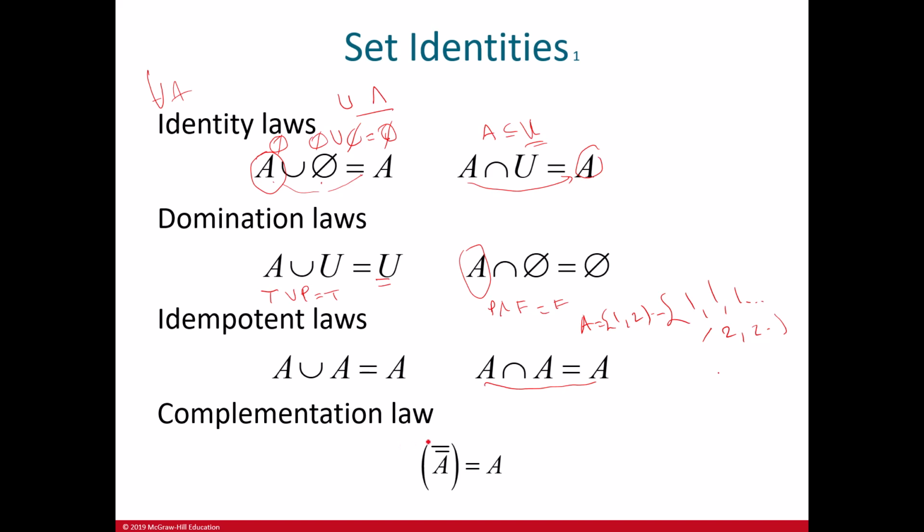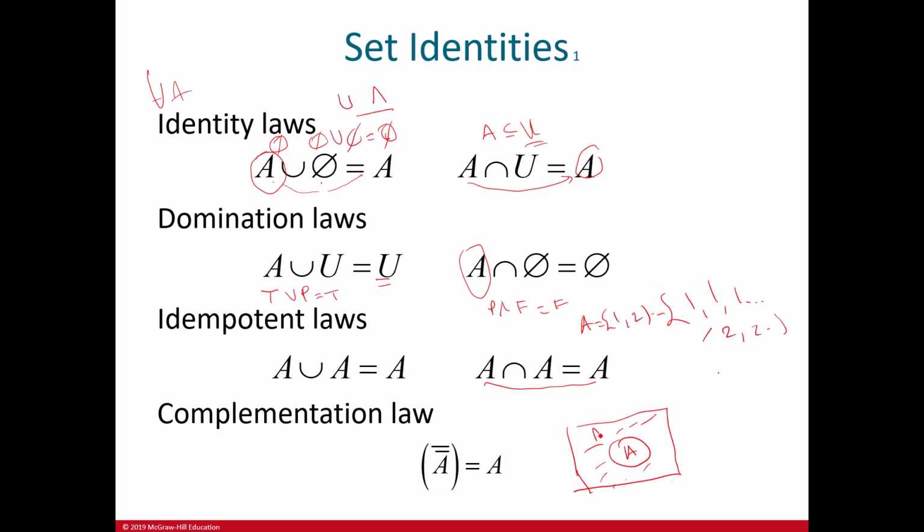Okay, and finally here the complement is like the double negation in propositional logic. So again, it gives me back the set itself, the complement of the complement. So you remember, if you have this is the universe of discourse, and this is A, we say the complement is this.